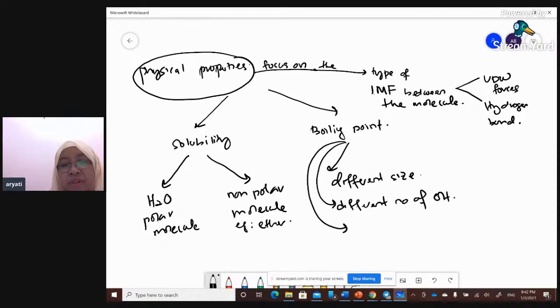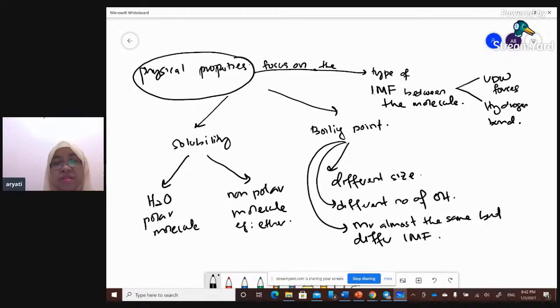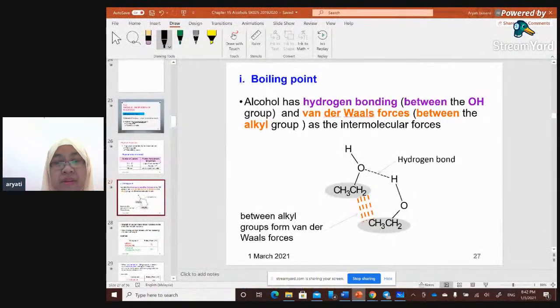Then the boiling point for molecules with almost the same MR but different intermolecular attractive forces. Alcohol has hydrogen bond between the OH groups and van der Waals forces between the alkyl groups.